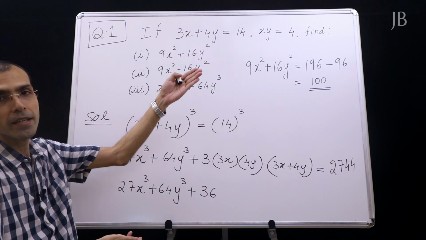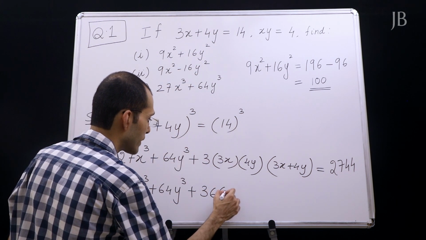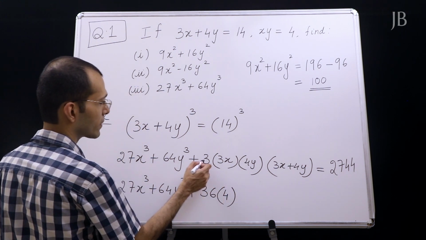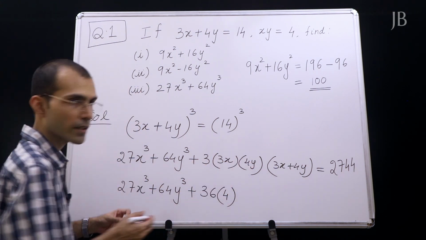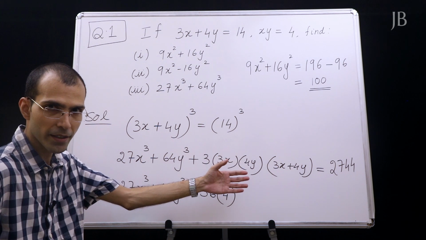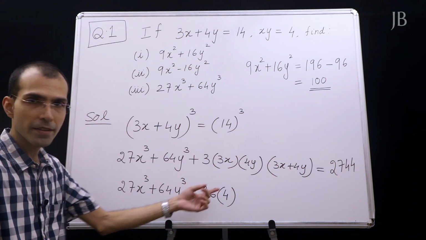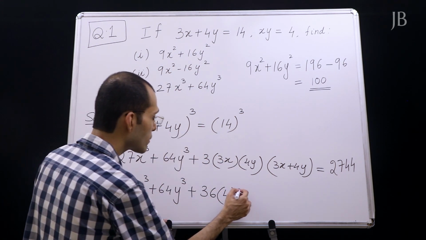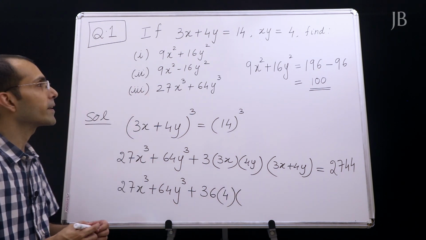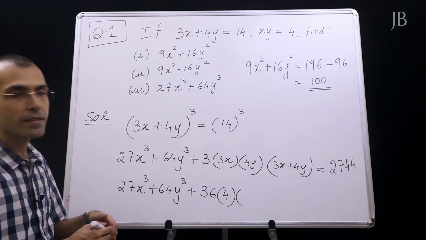But what is xy? 4. So 36 into 4 into 3x plus 4y. 3x plus 4y is 14.